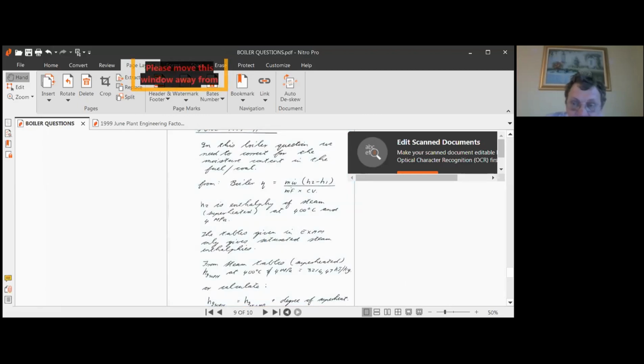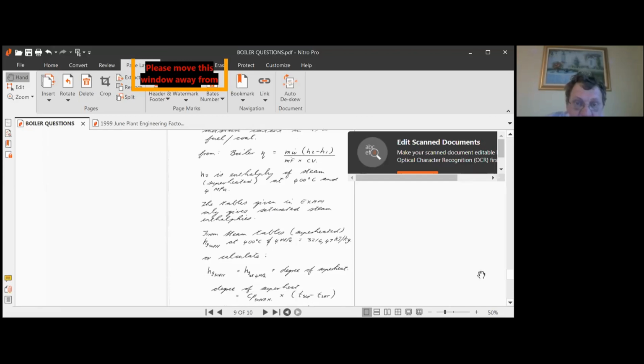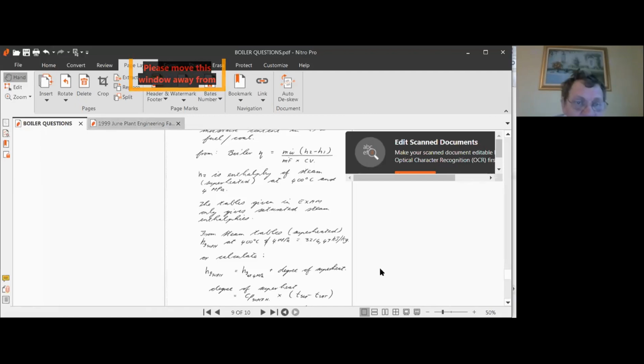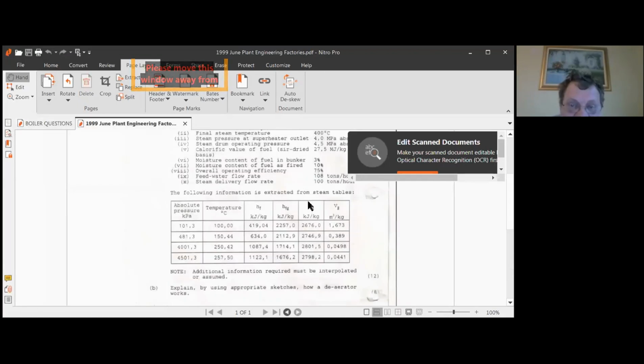Then I also say the tables given in the exam only give saturated steam enthalpies, not superheated, just totally saturated values.